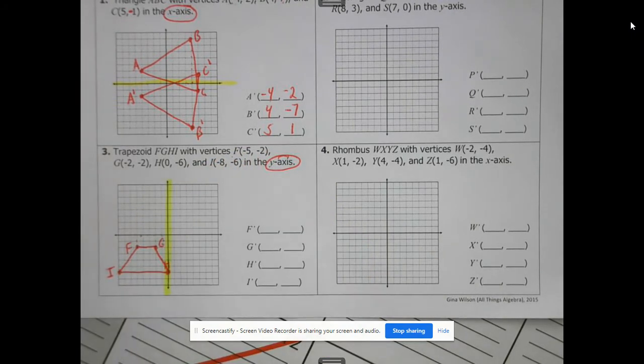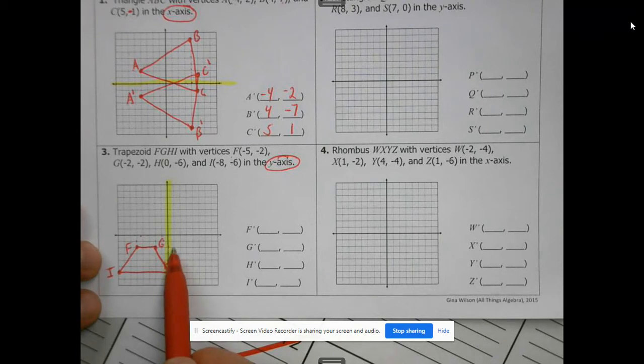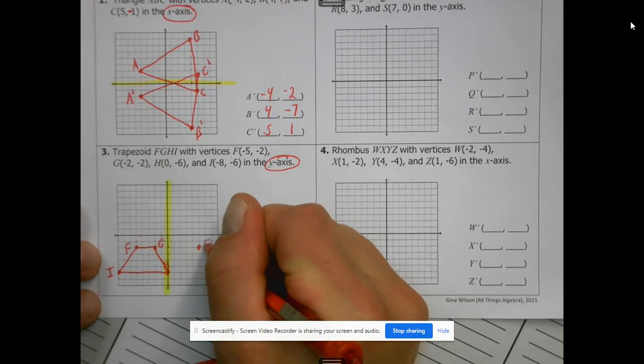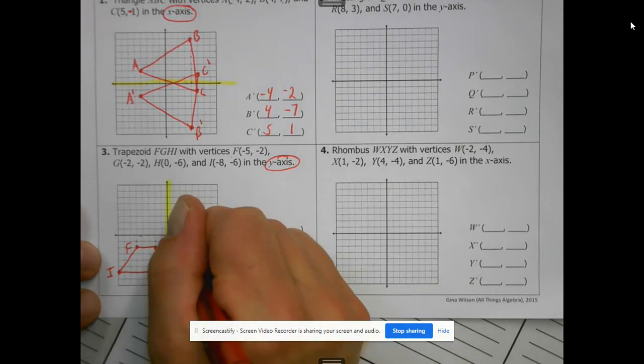And then once again, we're going to count boxes and see how far away these points are from the y-axis. So I start with F. F is 1, 2, 3, 4, 5. So I'm going to go 5 the other way, 1, 2, 3, 4, 5. Label that F prime. G is 1, 2, so go 1, 2.